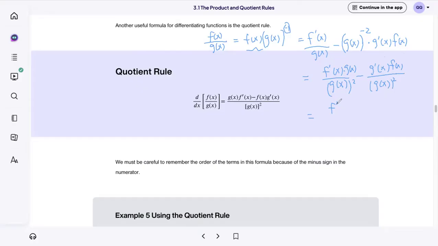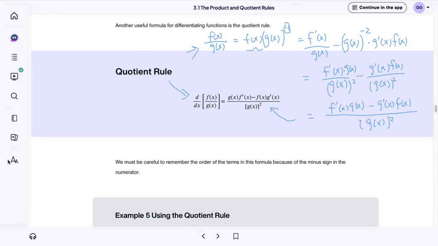So the numerator is f prime of x times g of x, then minus g prime of x times f of x, then divided by g of x squared. Which is the quotient formula. Okay, so either one works. If you want to, remember the quotient rule, that's this. If you don't want to bother with it, you can go with the product rule.